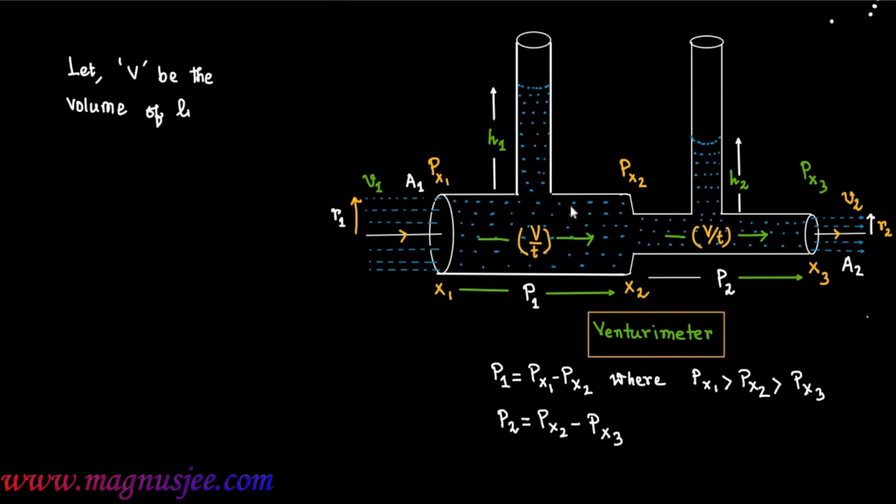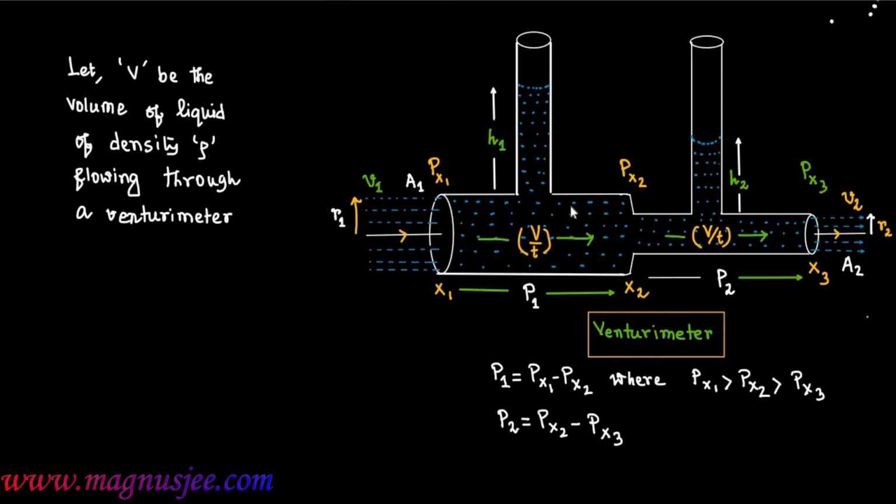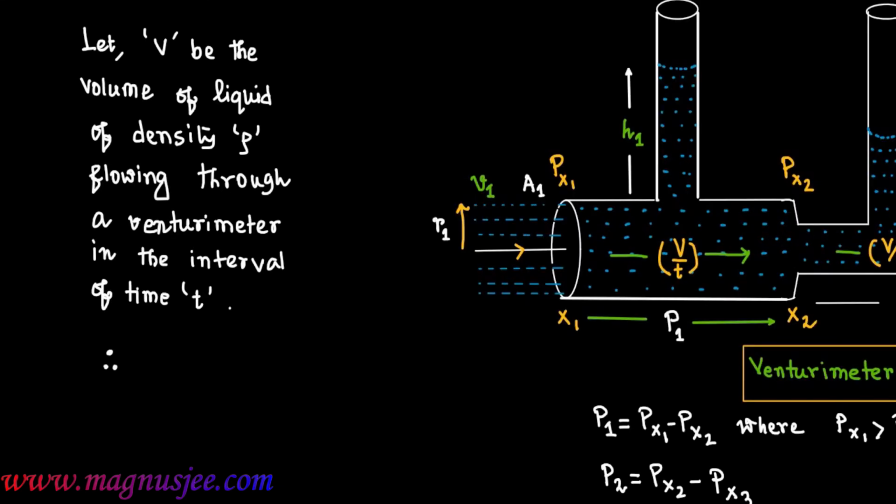Let V be the volume of liquid of density rho flowing through a Venturi meter in the interval of time t.